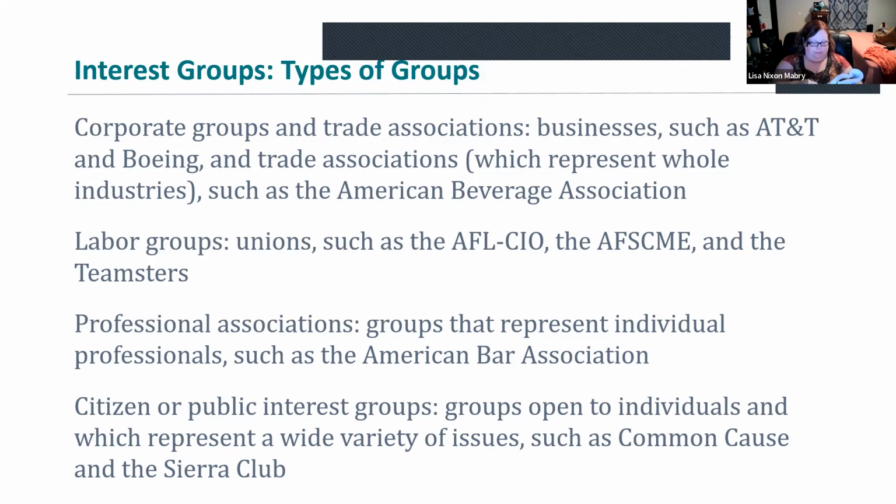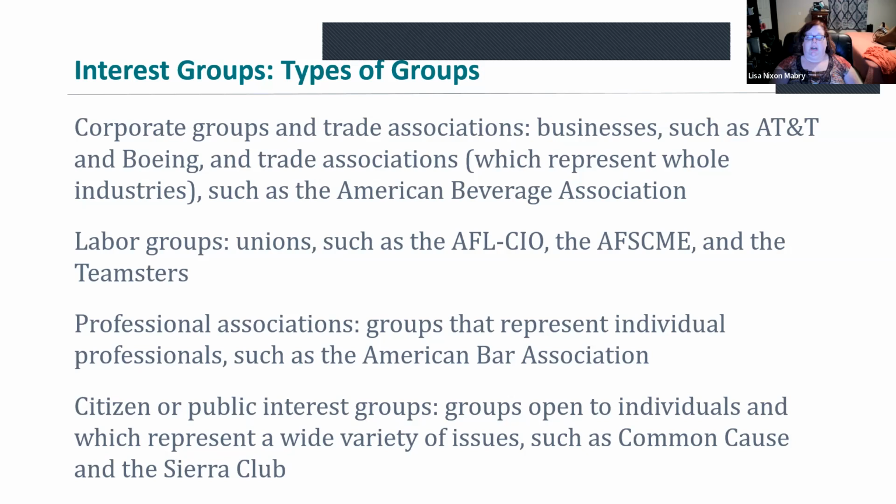It gives some more little details, which you guys have read in the chapter, so I'm not going to bore you with every little piece. So that's the first type of interest group, corporate groups and trade associations.